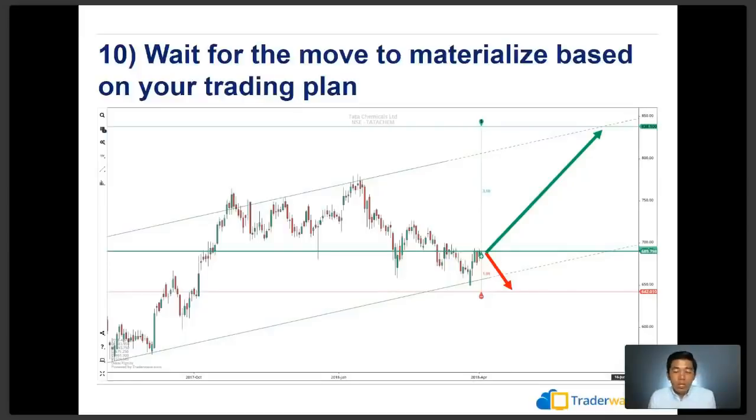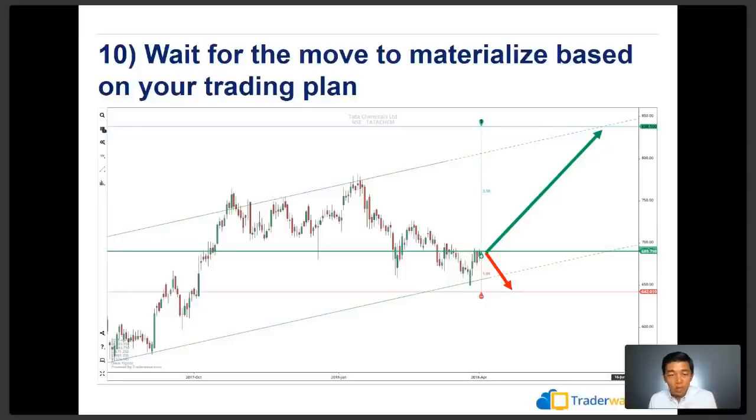Okay, so this is really as simple as it is, these 10 steps, and you might even realize that most of these 10 steps can be applied regardless of what kind of trading strategy you use, because ultimately most trading strategies require you to establish the entry level, establish where your stop loss is going to be, establish where your target profit is going to be, and size your trade correctly according to the risk parameter that you have.